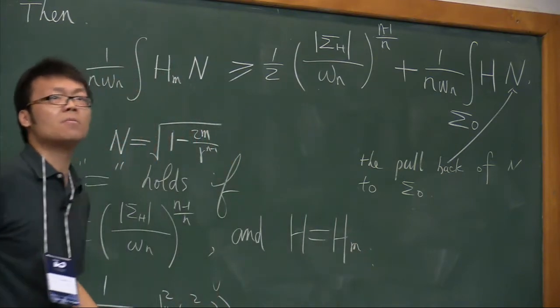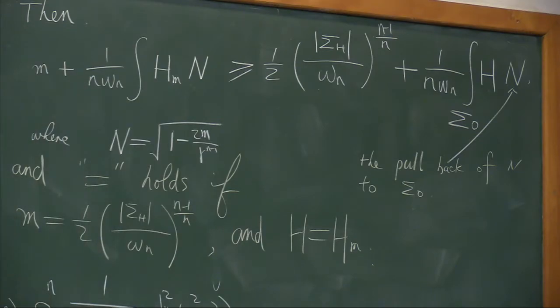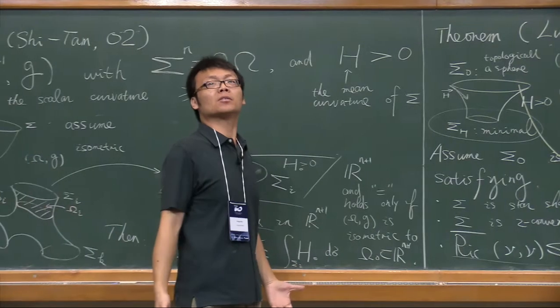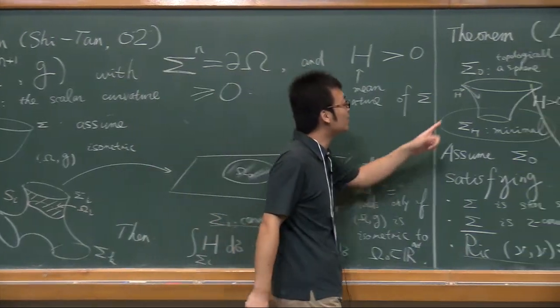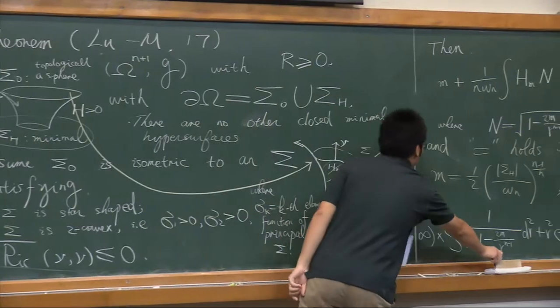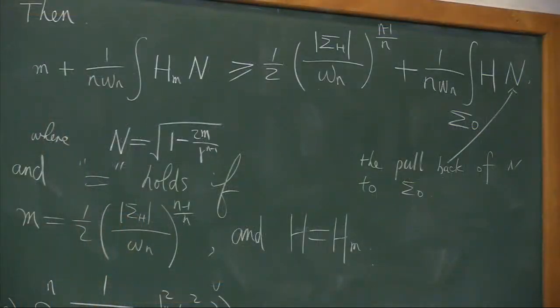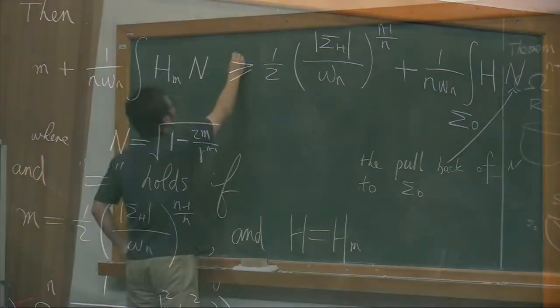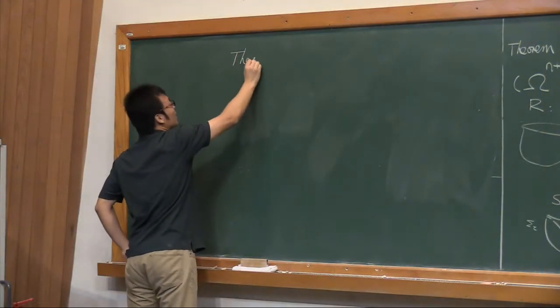All right. At this moment, I think a natural question is, do you have examples? Do you have examples of such omega g where your assumption is satisfied? And that's given by a related theorem.